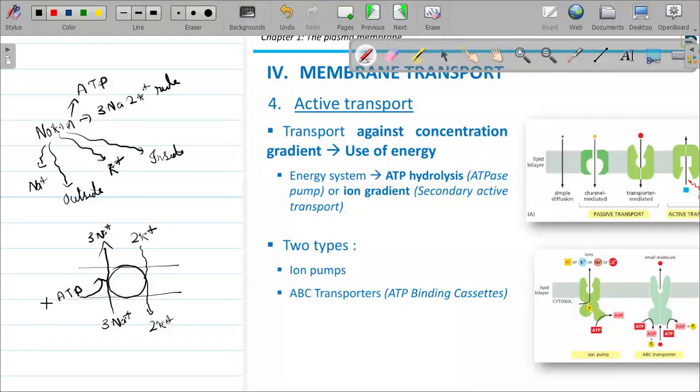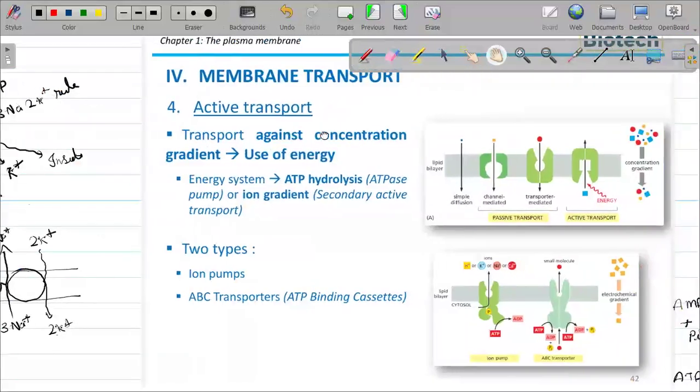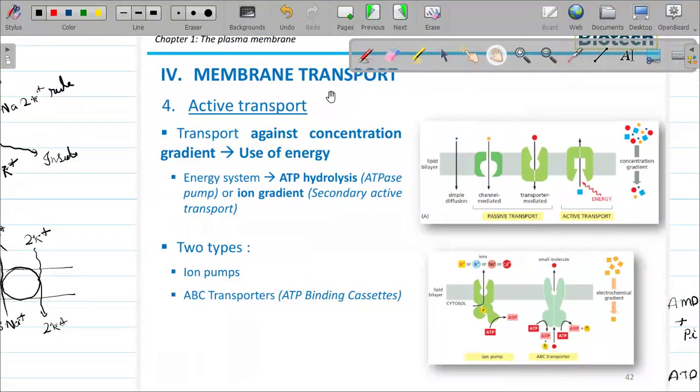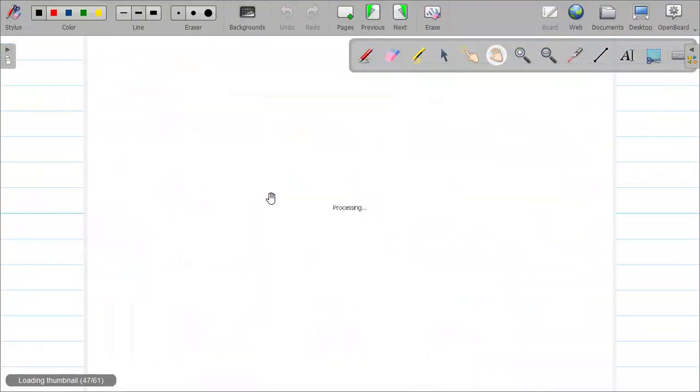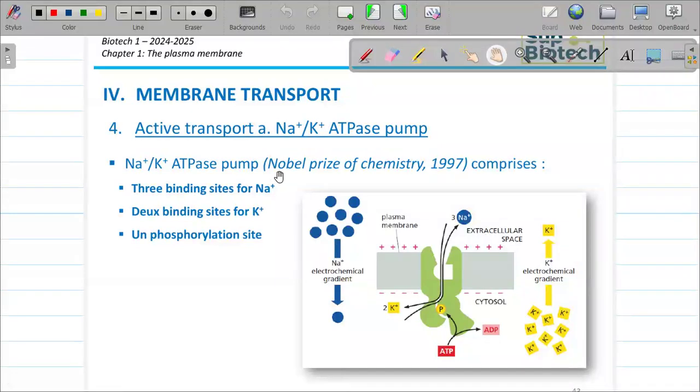That's called the 3Na+ 2K+ rule. For this also we have ATP binding protein cassettes and ionic pumps, which undergo the following reaction to transport the molecules from a region of lower concentration to a region of higher concentration, utilizing energy in the form of ATP. So that's the 3Na+ 2K+ rule.